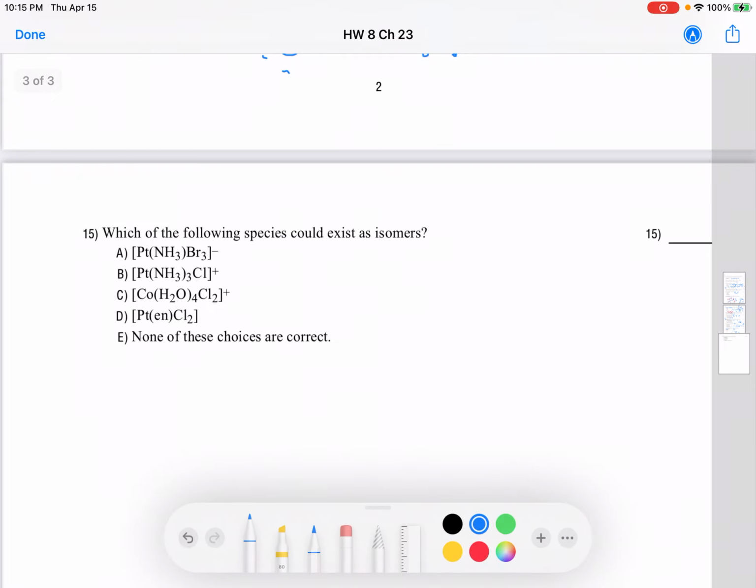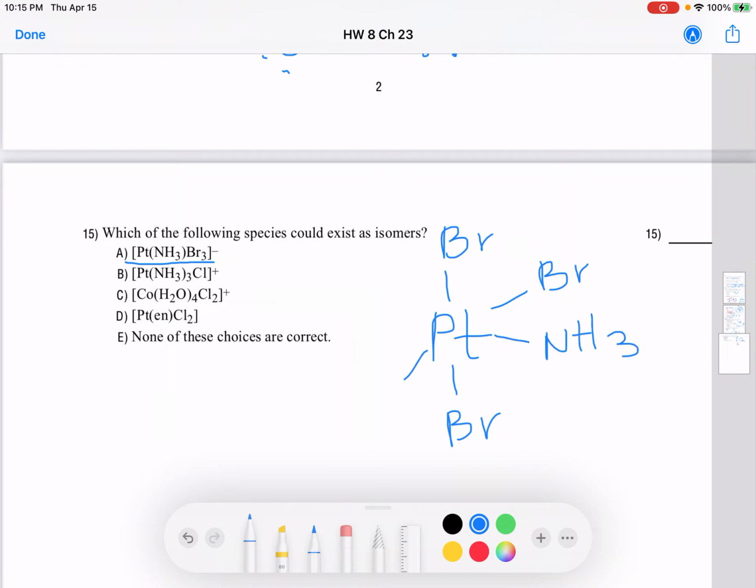Next one: which of the following could exist as isomers? Isomers could be cis and trans isomers that I explained in the lecture videos. For this one, there are 3 ammonia and 3 bromide on platinum. So this is your platinum, you put bromine here, another bromine here, another bromine here, and then ammonia, ammonia, ammonia.